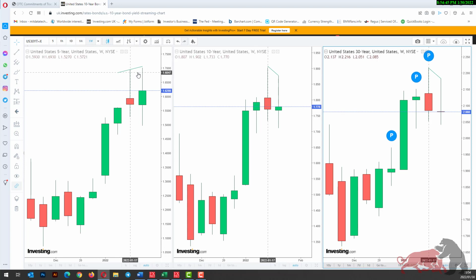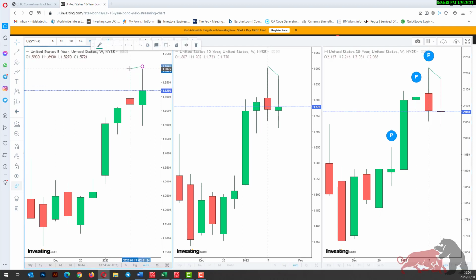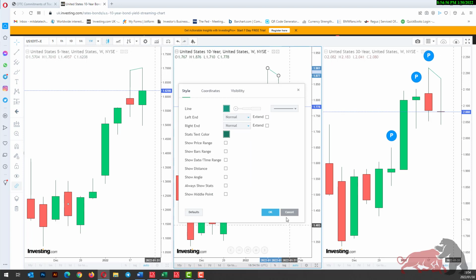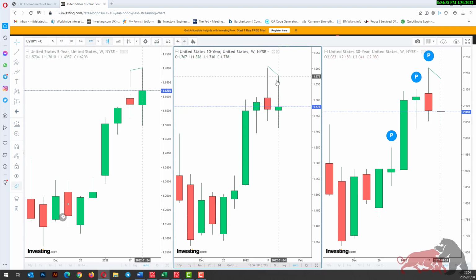We've got a higher high on the 5-year, and then a lower high on the 10-year and a lower high on the 30-year.